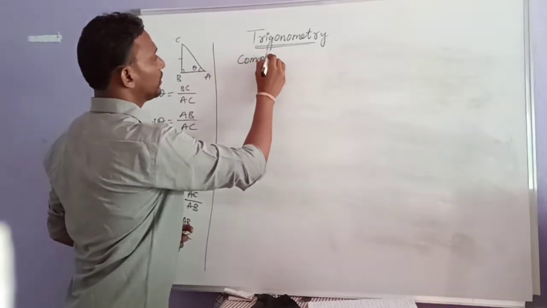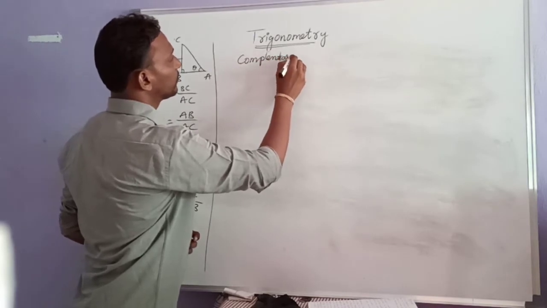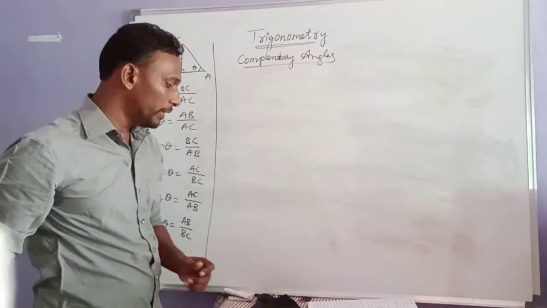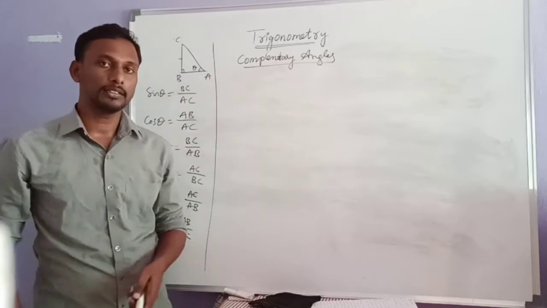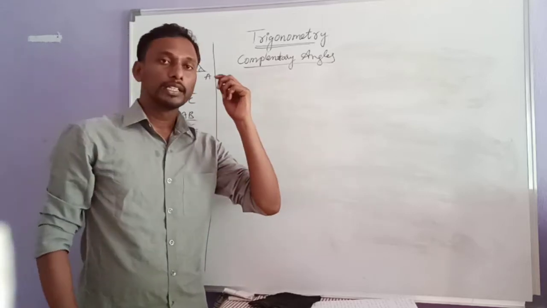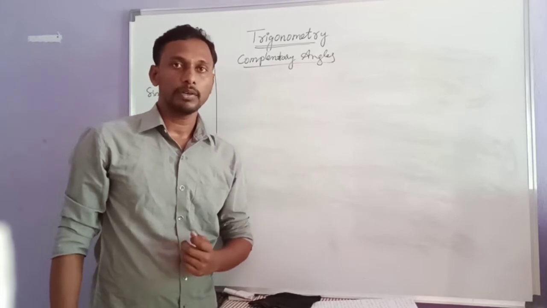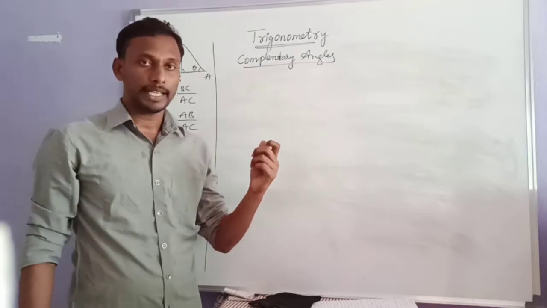Complement. So, the trigonometric ratios for the complementary angles. What is a complementary angle? Complementary means the sum of the two angles is 90 degrees. Any two angles whose sum is 90 degrees are called complementary angles, right?